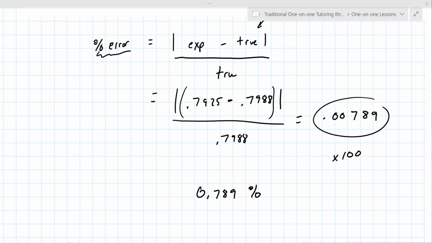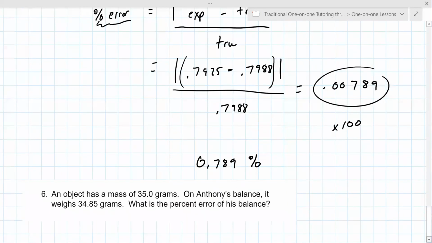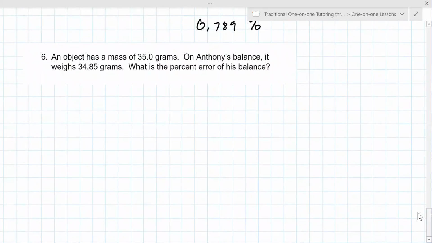All right. On to number 6. All right, an object has a mass of 35 grams. Okay, so let me snip this in. They're telling you that that's the true value. On Anthony's balance, it weighs that amount. That's the experimental value. So experimental or observed value.